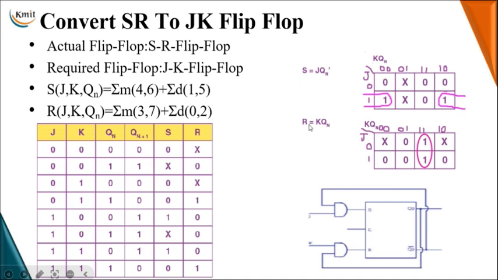So now, observing each of the excitation inputs S and R, the S value is J Qn bar whereas the R value is equal to K Qn. So we have product terms on both the S and R inputs. Now the combinational circuit has two AND gates. Now we transfer the external inputs, the JK inputs.